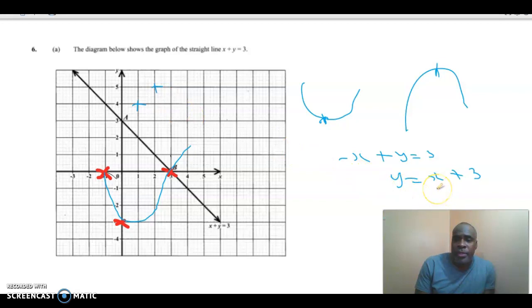When x is 0, y is 3. So we're seeing where the line is progressing in this direction. When x is -1, y is positive 2. Just come right here.